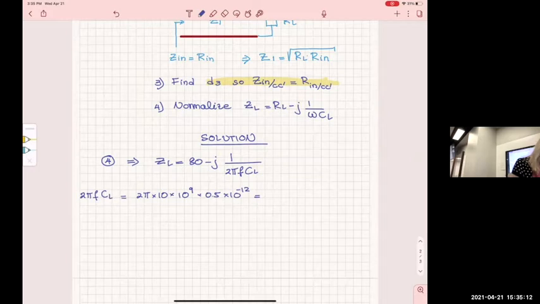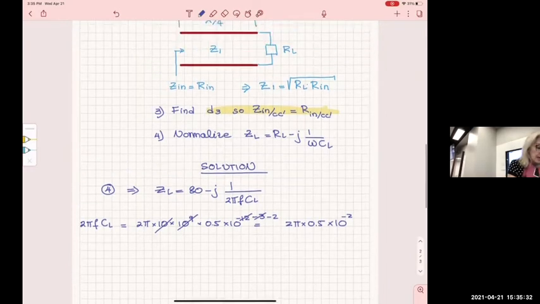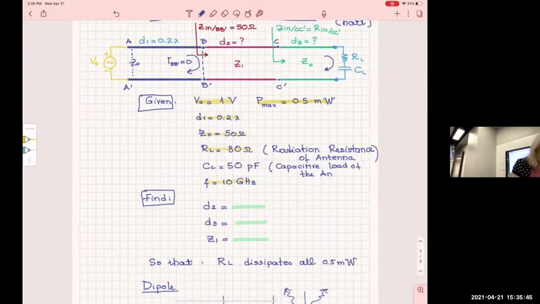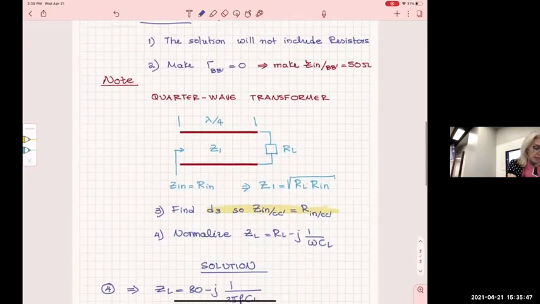This one and this gives minus 3. This one and this gives minus 2. So practically I have 2 pi times 0.5 times 10 to the minus 2. And I have to tell you, this is a very small number for a reactance. So to change that, I'm going to make it 50 instead of 0.5, 50 picofarads, to have a substantive capacitive reactive load.